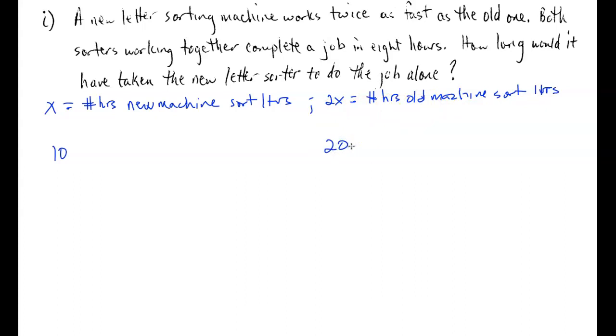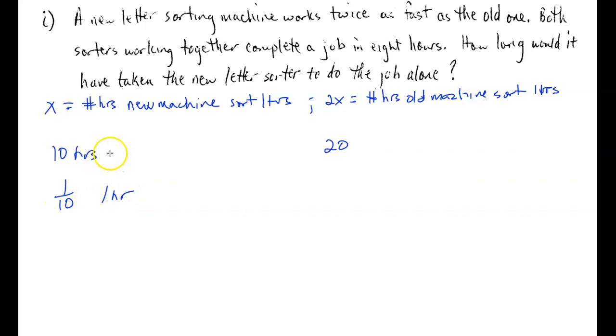Now, looking at this linearly, if it takes 10 hours for the new machine to do the job, then how much of this job would be done in 1 hour? Okay, and so of course that would end up being 1/10 of the total amount of letters that you had would be done in 1 hour.